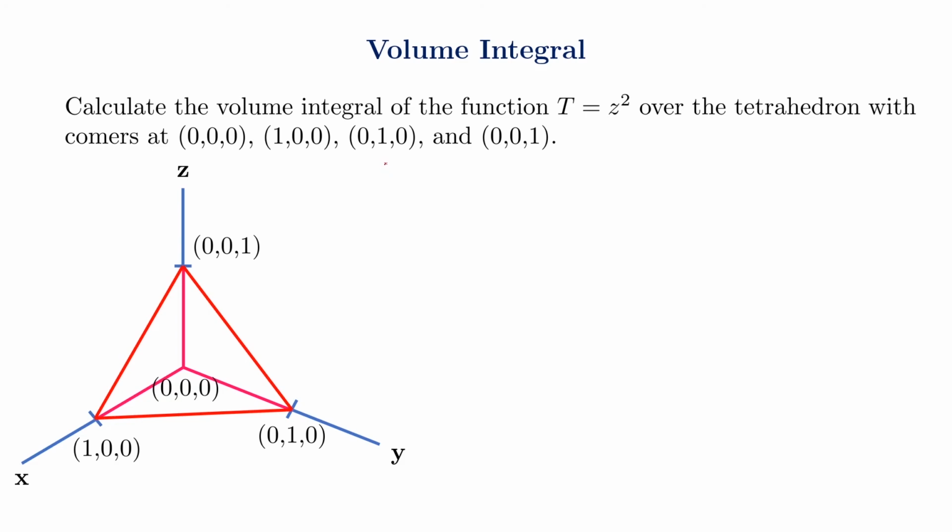And finally, the z integral is the integral from 0 to 1 of z square times (1 minus z) the whole square divided by 2 times dz.